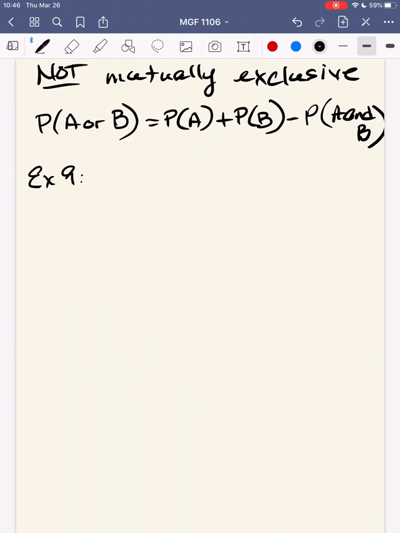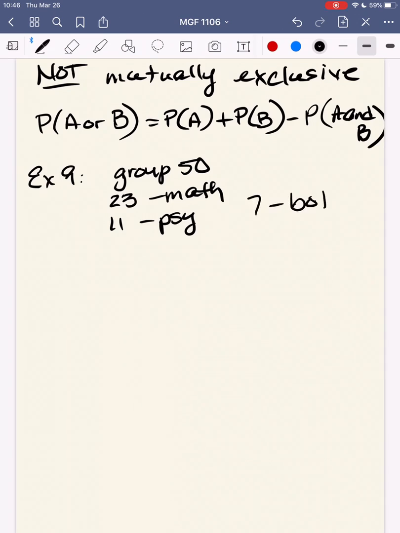I have a group of 50 students. 23 take math, 11 take psychology, and 7 take both. If one student is selected at random, I want to find the probability that the student takes math or psychology. So the probability of the student taking math is 23 over 50.